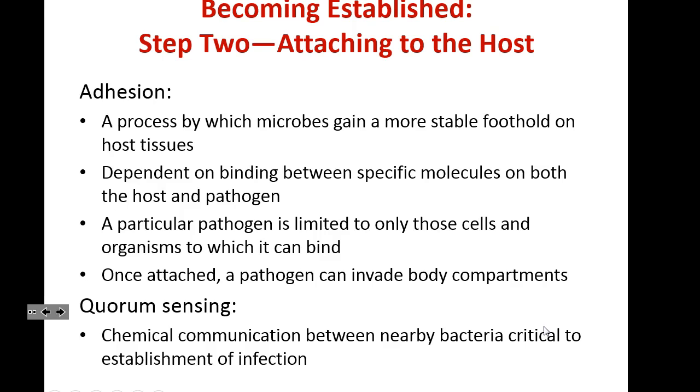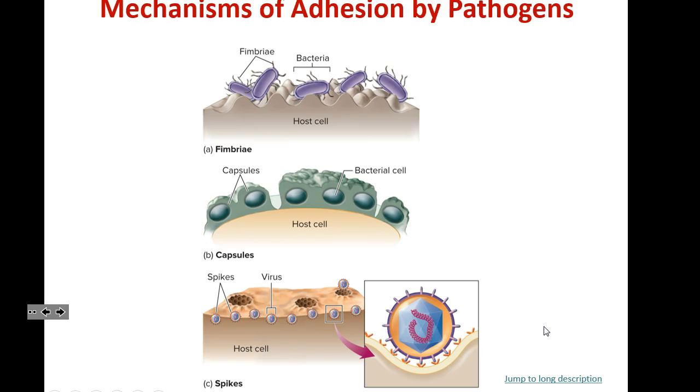A particular pathogen is limited to only those cells and organisms to which it can bind. Once it's attached, a pathogen can invade body compartments. Quorum sensing is the chemical communication between nearby bacteria critical to establishment of infection.